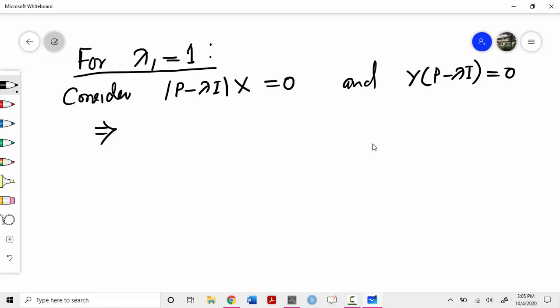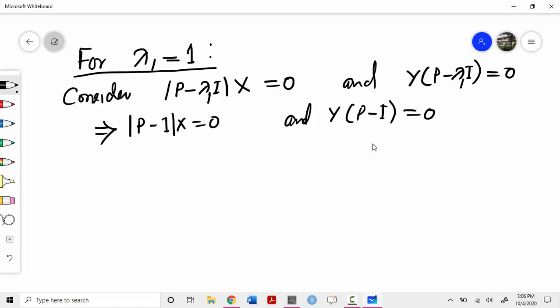So that implies, using lambda 1 equal to 1 here, (P minus I) into x equal to 0 and y into (P minus I) equal to 0.